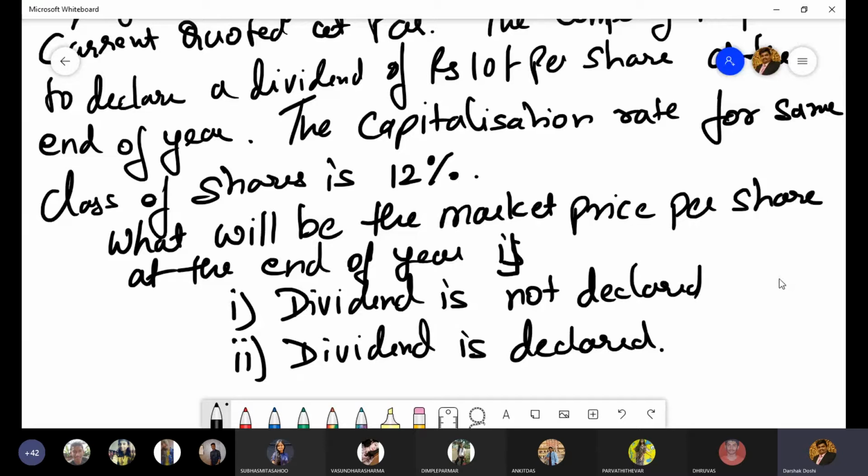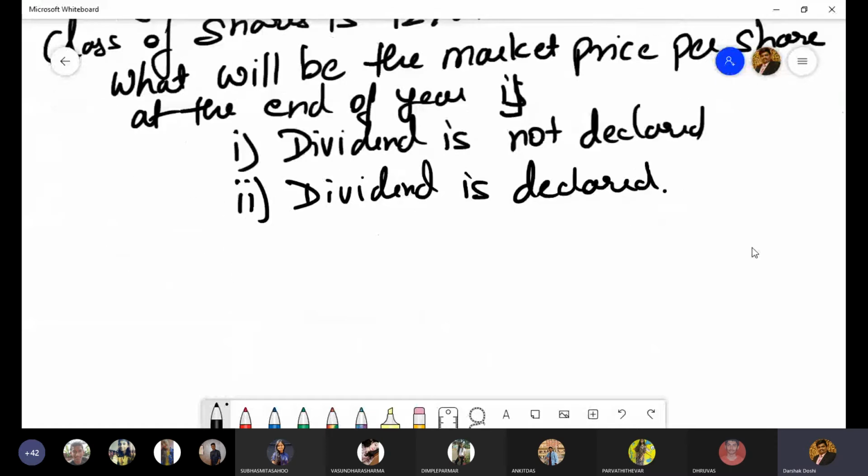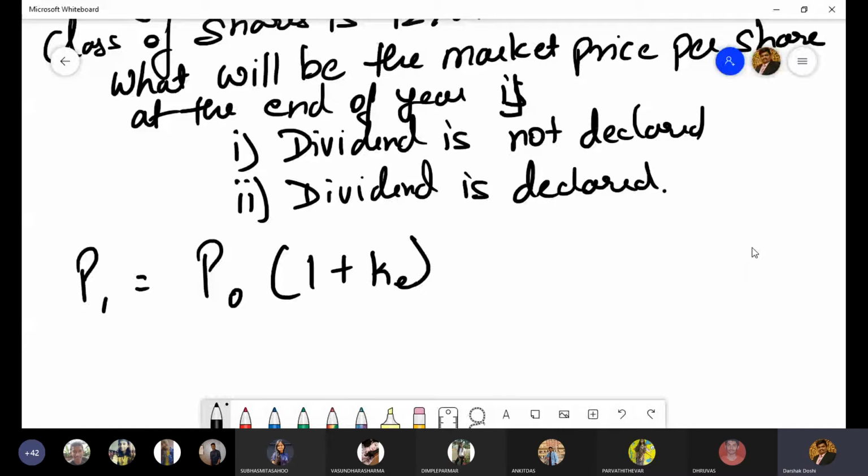That is, we need to find out P1. Price at the end, that is P1, we need to find out, and the formula as per the model is P1 is equal to P0, price at the start, 1 plus KE, that is cost of capital or capitalization rate.